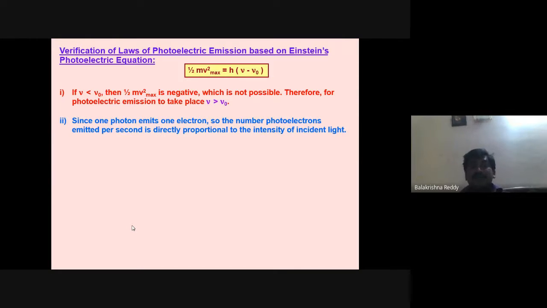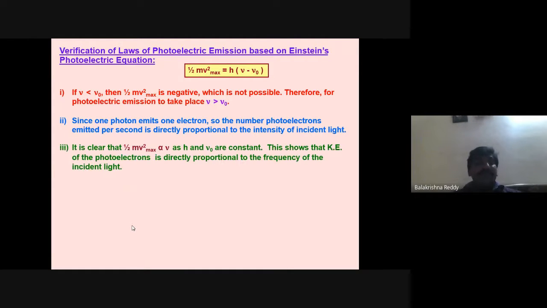Now, since one photon emits one electron, the number of photoelectrons emitted per second is directly proportional to the intensity of incident light. It is also clear that the maximum kinetic energy, ½mv² max, is directly proportional to the frequency supplied from the source, whereas h and ν₀ are constants.